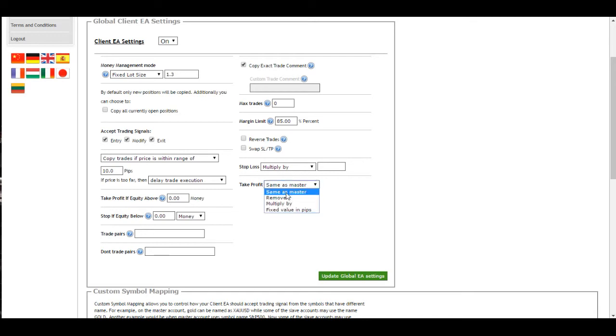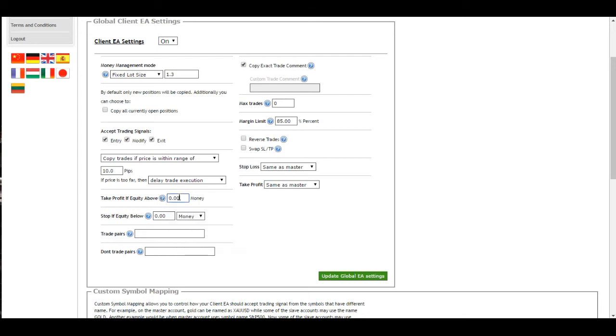Your take profit is what will get you profit in pips. Your stop loss has the exact same settings. You could completely remove these. I would just do same as master, and no, that doesn't mean we're your master. That just means we've mastered the markets. All right, so take profit if equity above.